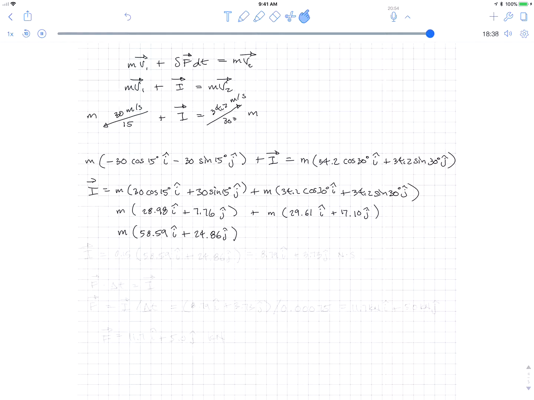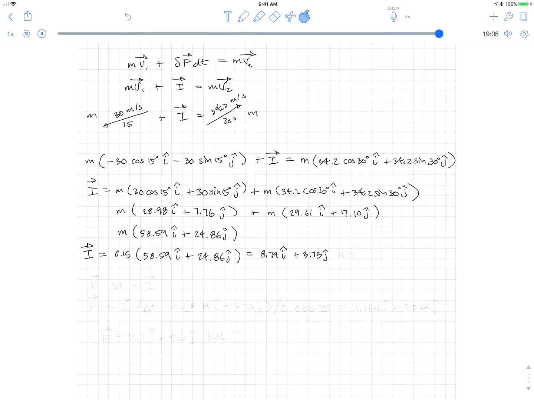And so finally, to get the impulse, I'm going to put in the mass of the ball. I've got to go look that up, figure out what the mass of the ball was, and then multiply it through. I'll be right back. So I read the problem statement, and the mass of the baseball is 0.15 kilograms, and so there you go.